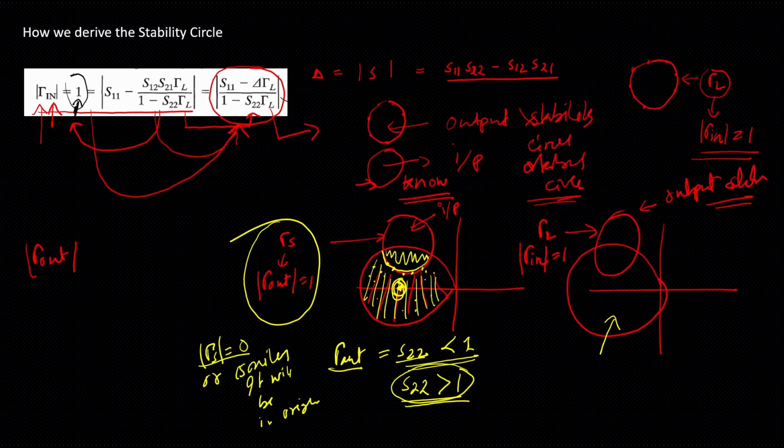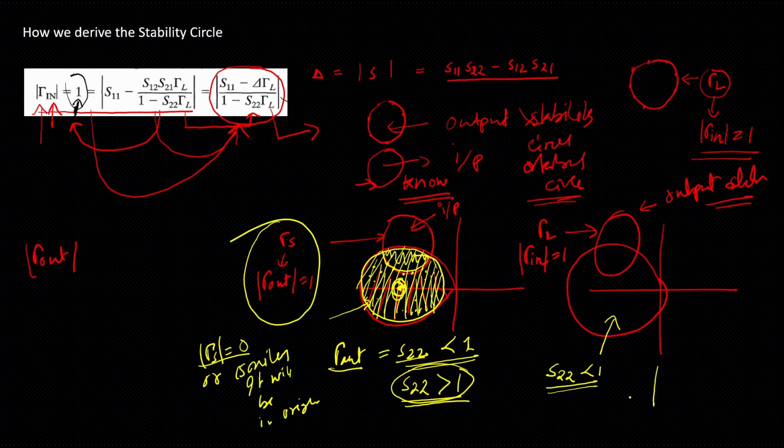Now what could be the solution or condition for unconditional stability? Unconditional stability implies I can select my gamma anywhere in this Smith chart. Anywhere, there is no restriction. So that implies if my S22 is less than 1, then what is happening?